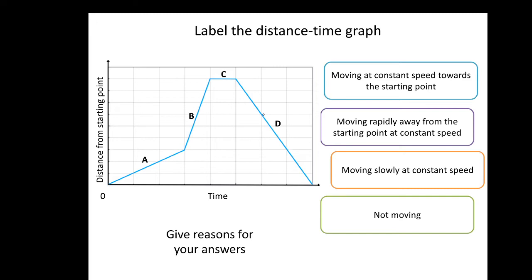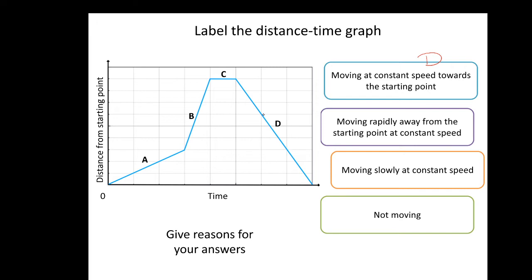Okay, so 1. Moving at a constant speed towards the starting point. So that means we're going from away back towards. So that one is D. Moving rapidly away from the starting point at a constant speed, and moving slowly at a constant speed. So these two are similar. They're moving and you're going at a constant speed.